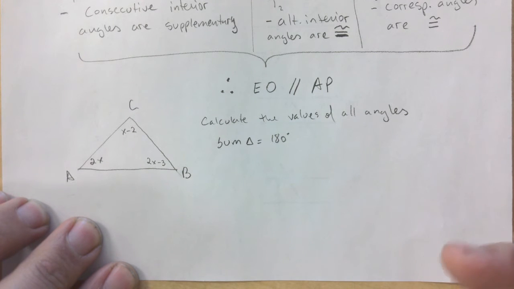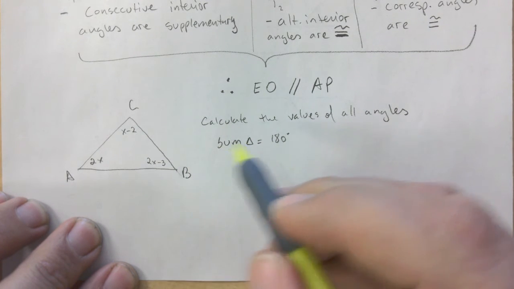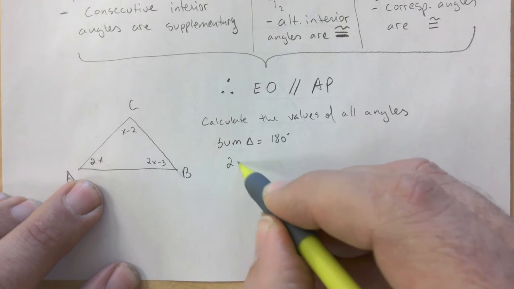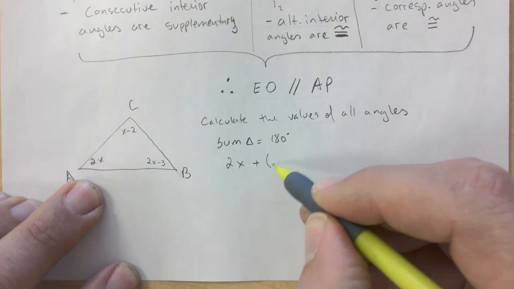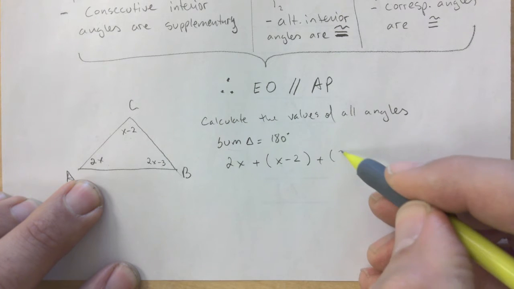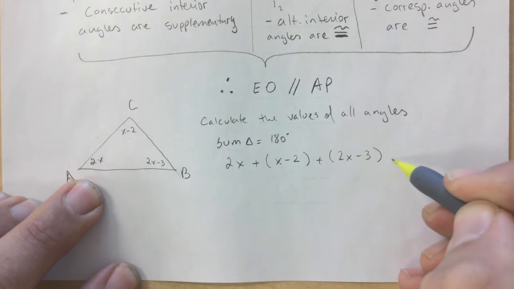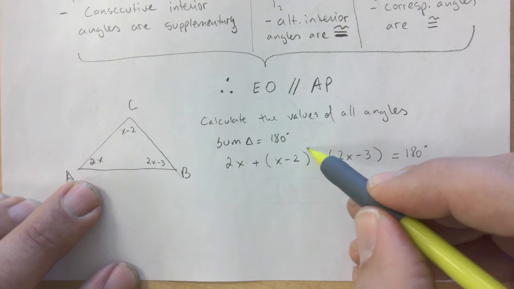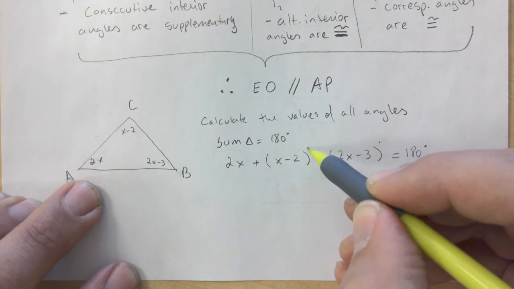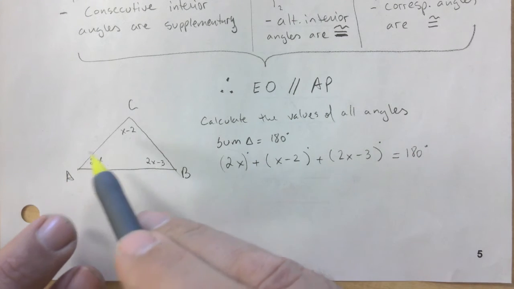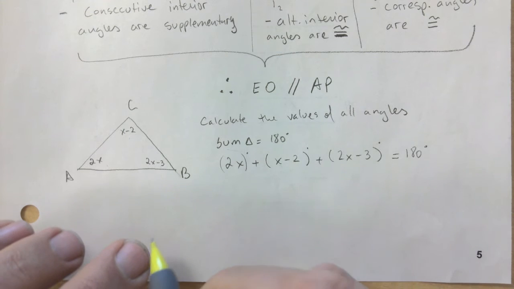So the sum of all angles means you have to add up all of these angles. So we'll go 2x plus x minus 2, plus 2x minus 3, and that is supposed to add up to 180 degrees. Keep in mind that all of these are technically degrees, it's just stated as expressions in terms of x.